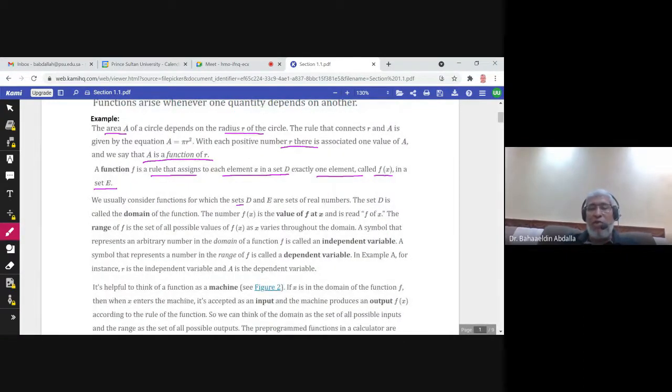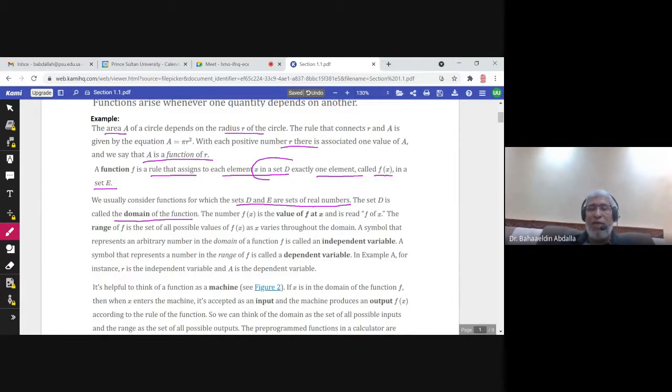Usually in this book, we will talk about sets of real numbers. So we will not consider complex numbers or non-real numbers. The set D is usually called the domain of the function. So D is the set of all possible values of x. X is taken from D, okay?